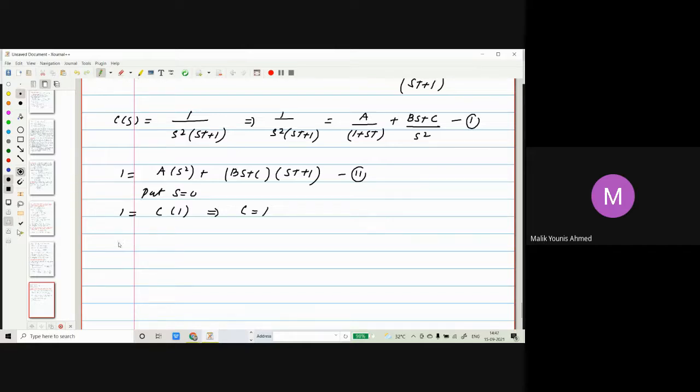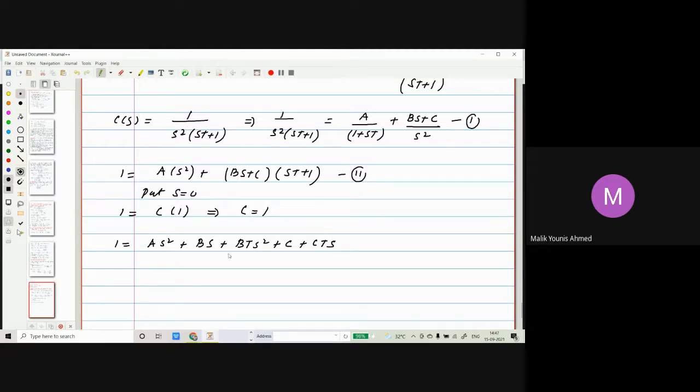Multiplying out, this will be A S square plus BTS square plus BS plus C plus CTS.